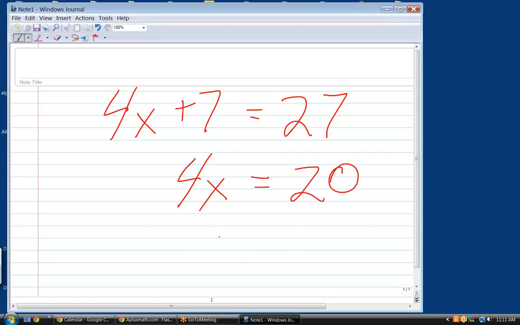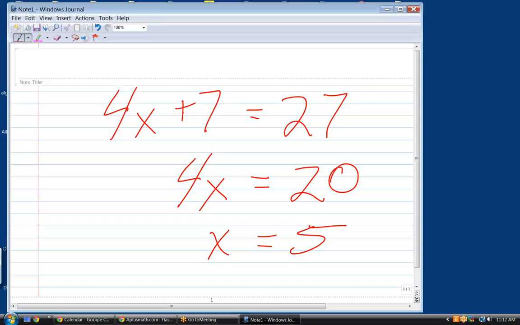Now what's the next step? You divide by 4. Okay, so x equals what? X equals 5.